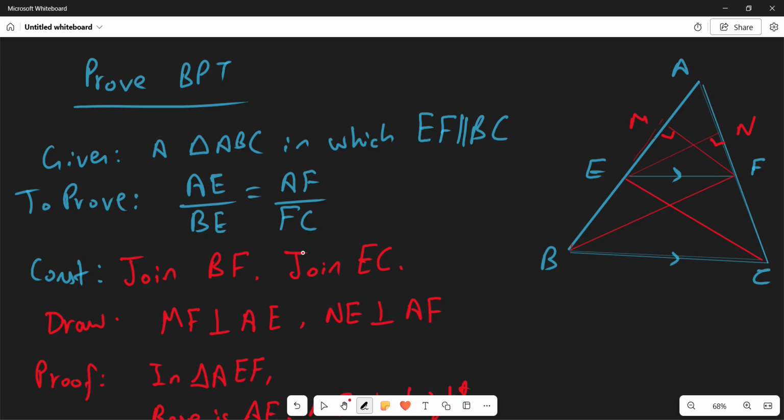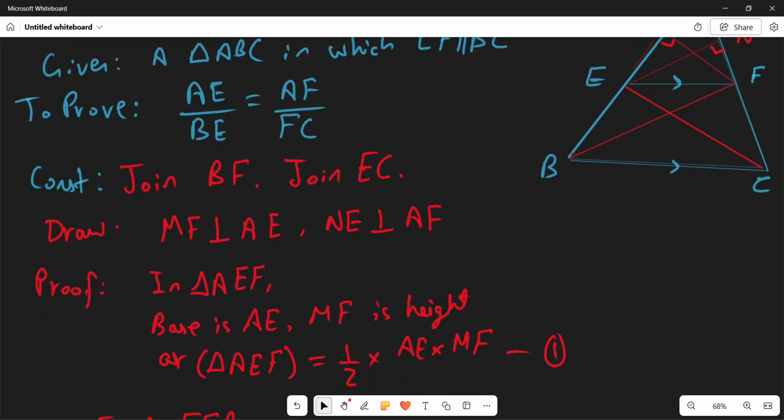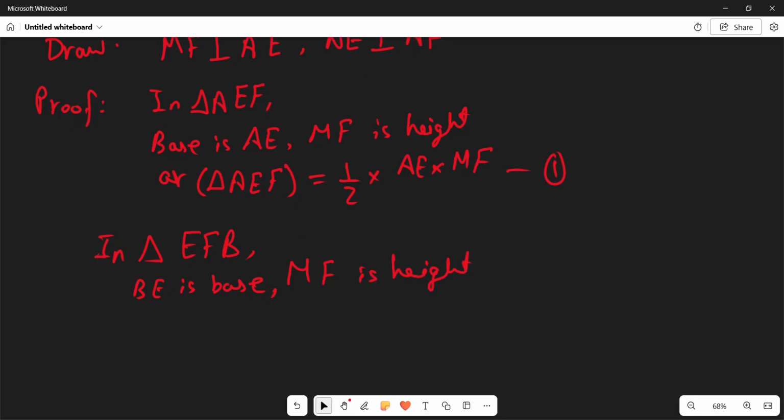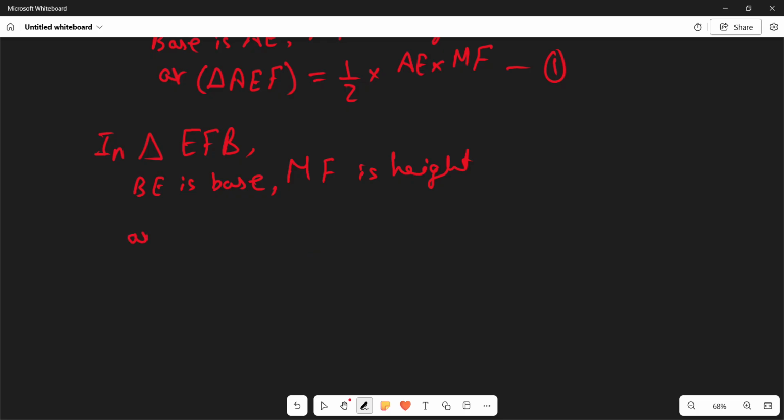So if BE is base, MF is height again. So area of triangle EFB is half into base BE into height MF. This is the second equation.